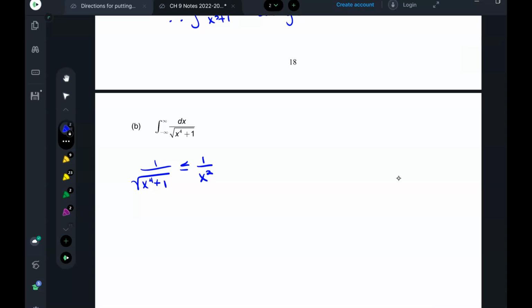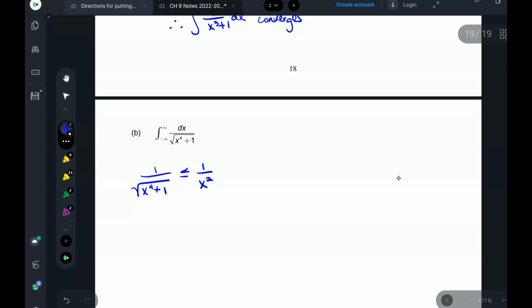Again, I can't integrate 1 over x to the 4th plus 1, but I can look at 1 over x squared, which is going to be bigger than that. So we're going to look at what happens from negative infinity to infinity of x to the negative 2 dx.